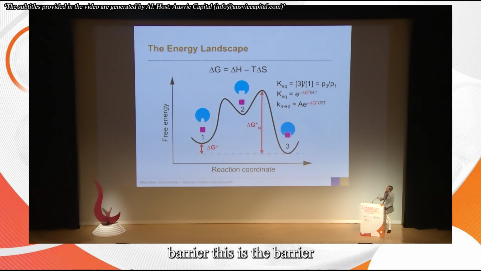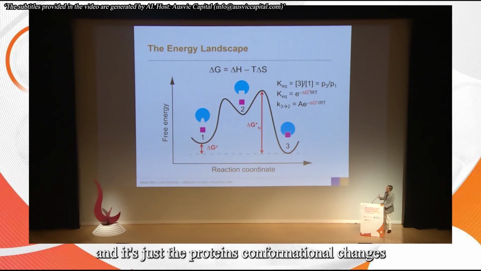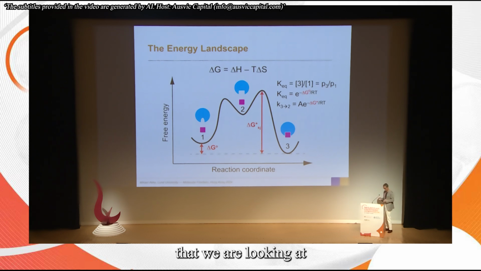This is the barrier going from 3 to 2 and climbing over here, and this dictates the reaction rate constant in the same fashion, and then there's a prefactor here. So the question I asked was, what's happening to this energy landscape when the ligand is present compared to the case when the ligand is not there, and it's just the protein's conformational changes that we are looking at.